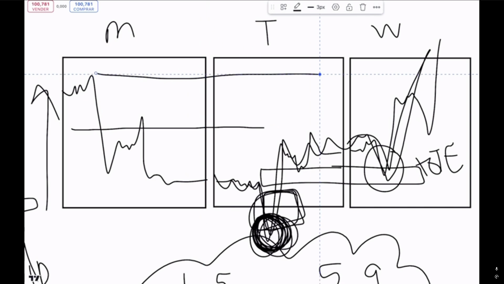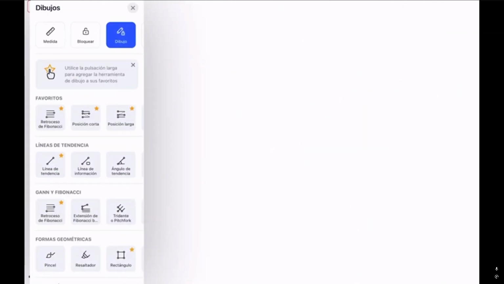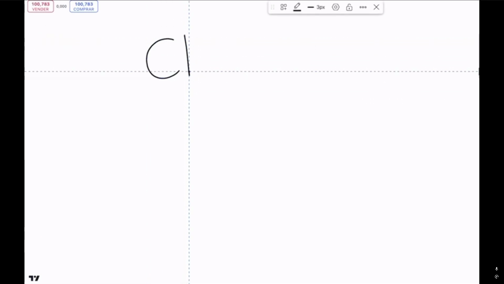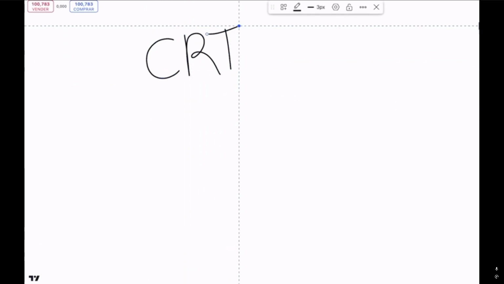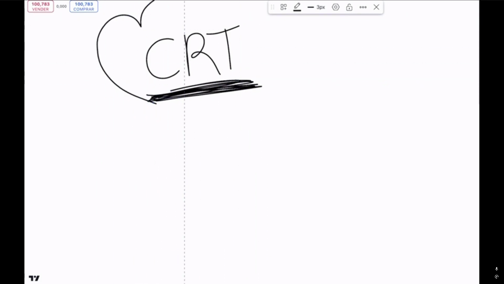And this is where we get into another topic, which is CRT and MMXM. Now, CRT is an objective way to visualize the market maker models. Now, as we know, the market maker models are simply stolen from Wyckoff, right?